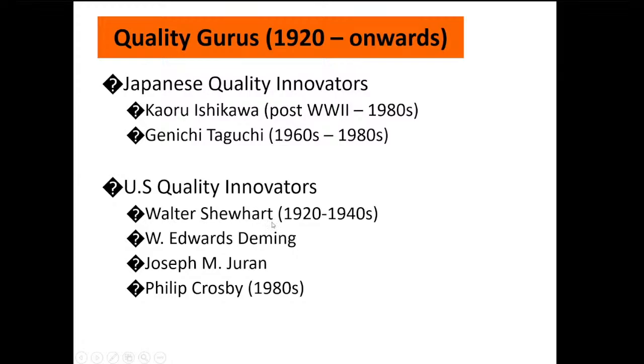Walter Shewhart, Edward Deming, Joseph Juran and Philip Crosby all contributed as US quality innovators. But basically, if we look into quality, the Japanese actually rebounded very, very fast compared to the US, based on the way they looked at quality.